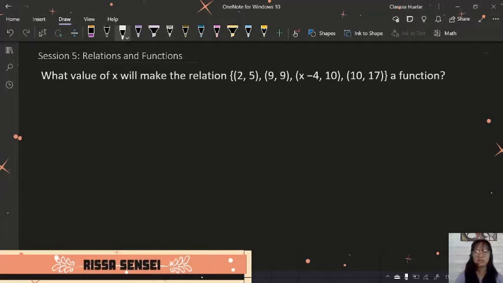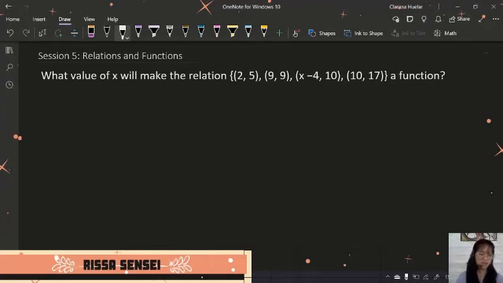And sagutan lang natin tong question na to. What value of x will make the relation (2, 5), (9, 9), (x minus 4, 10), (10, 17) a function? So, dapat yung relation na ito maging function. So, ano nga yung sinabi ko kanina? Dapat yung bawat element sa domain, walang uulit.